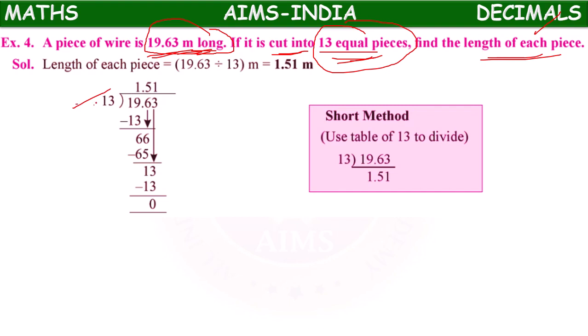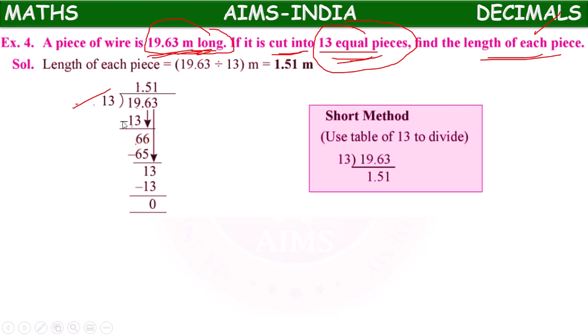13 1 is 13, 6 remaining. The next digit 6 we have to carry down. But here we have a point, so the point is placed above in the quotient as well. Next, 6 we can carry down.